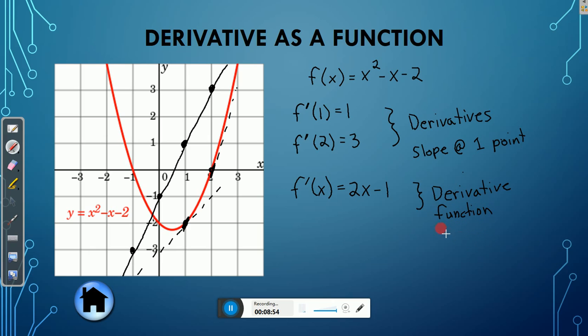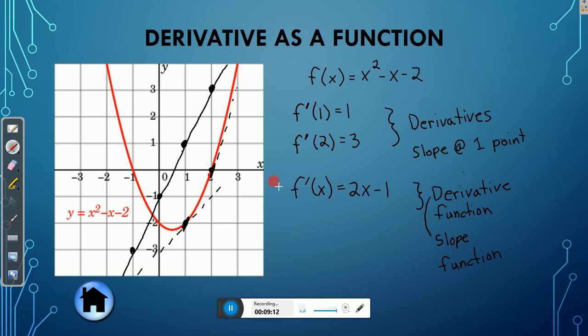All right, or a slope function. Okay, same thing here. Derivative and slope are the same.